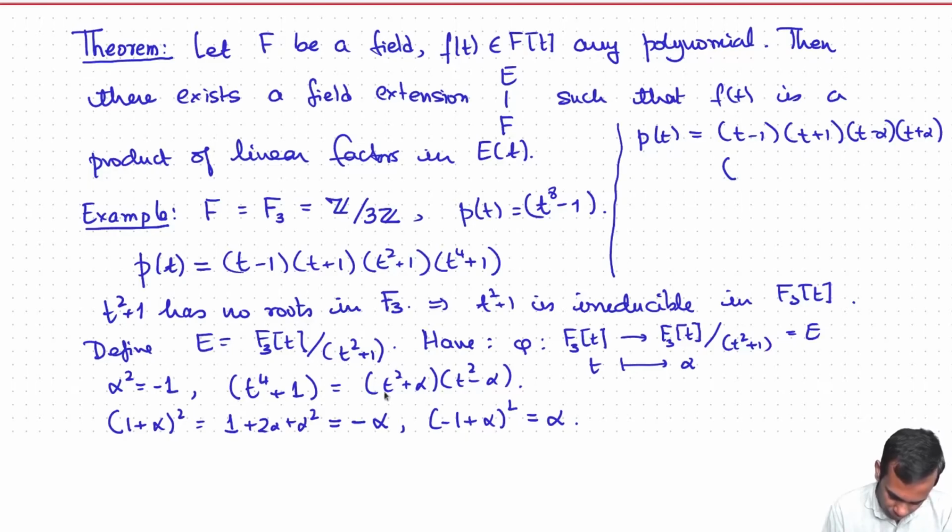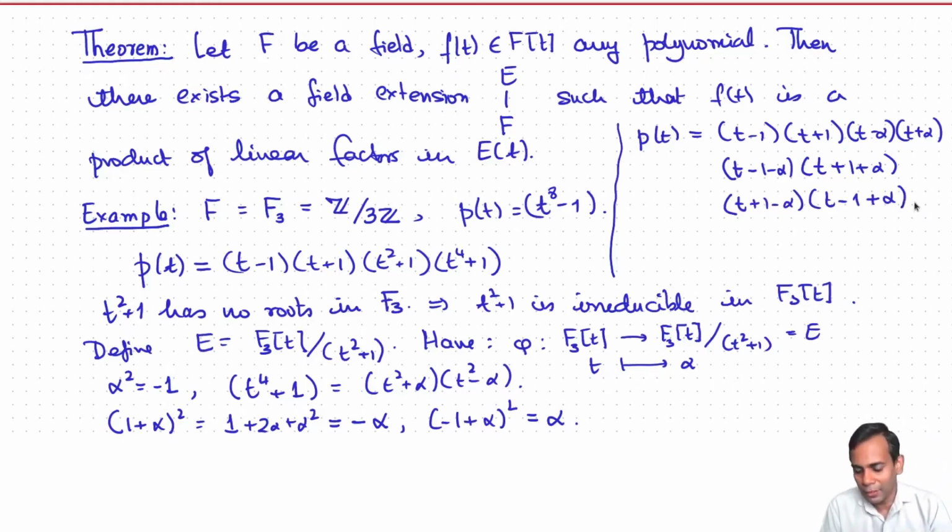So t to the 4 plus 1 is (t squared plus alpha)(t squared minus alpha), and t squared plus alpha has 2 roots, namely the square roots of minus alpha, which means that we will take (t minus 1 minus alpha)(t plus 1 plus alpha), and then we have factors corresponding to the other one, which is (t plus 1 minus alpha)(t minus 1 plus alpha).